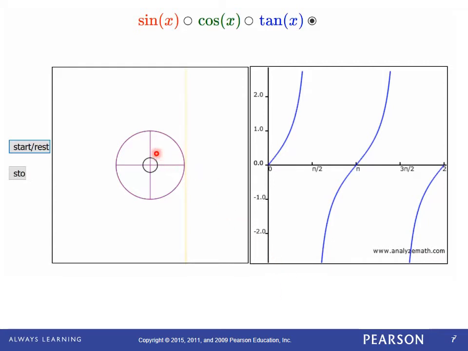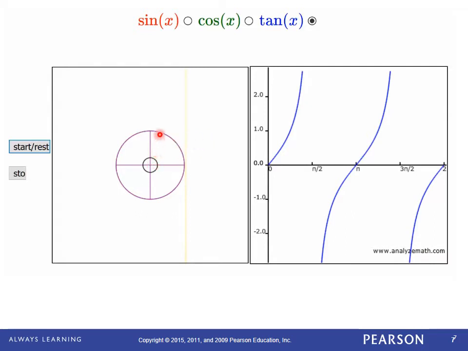So again, we have to understand that really what you're looking at is the ratio. At 45 degrees, right here, that ratio is exactly even. So at 45 degrees, or pi over 4, it should be exactly 1, because it should be square root of 2 over 2 and another square root of 2 over 2.